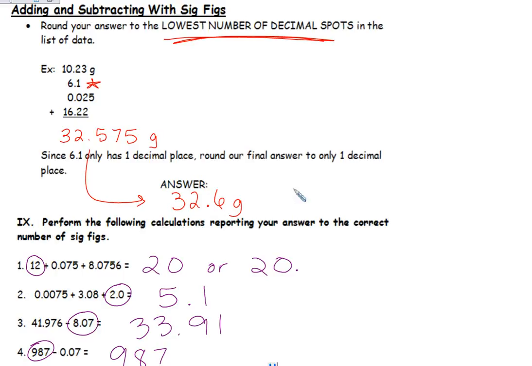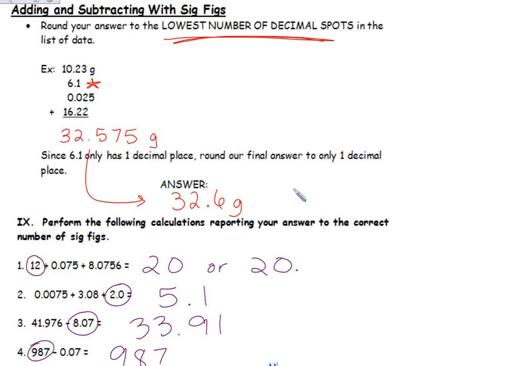Okay, now let me tell you one of the reasons why you won't use this as often. If somebody really had data like this, they must have used different balances. So they're adding these masses, but their electronic balance must have had different amounts of decimal spots.